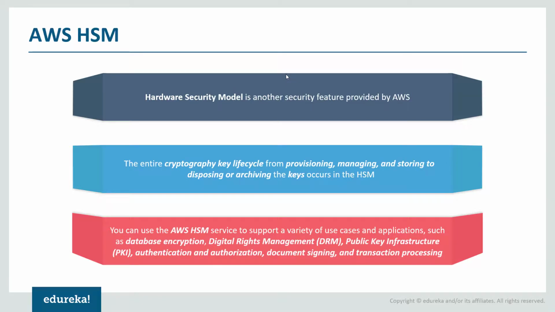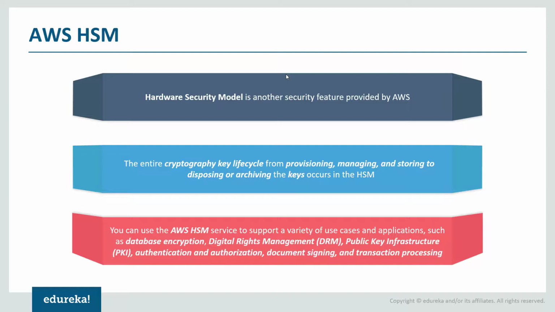So the entire life cycle of a secret, like keys or any algorithms or any important data which use cryptography, can be protected. Any cryptographic keys can be protected by a hardware security module. Now using an HSM, you can control how you create your cryptographic keys, how you manage your keys, and how you dispose or archive your keys.